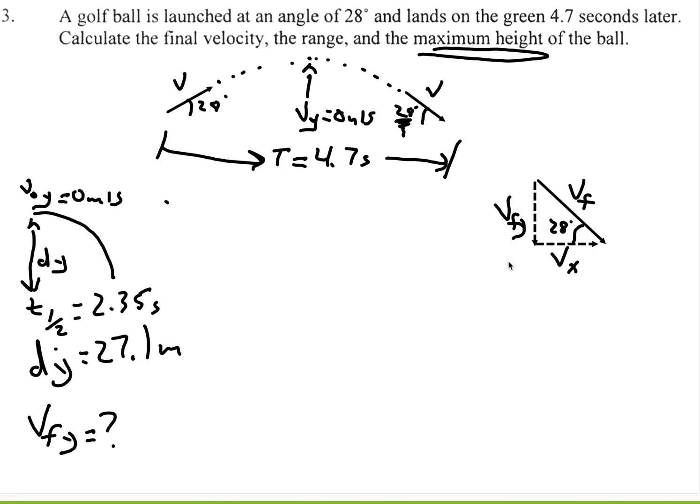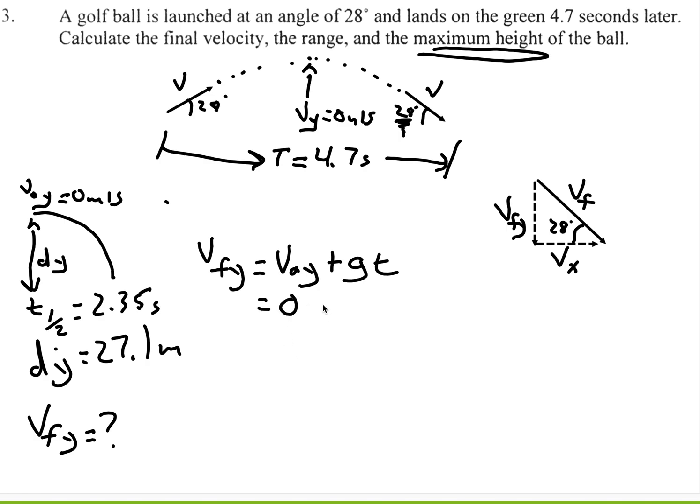So because you know your trig functions, you know that if I know one angle and one side, I could figure out the other sides. So Vfy, that's the easiest side to find. And it's the easiest side to find because I don't even have to do algebra. We have an equation that says Vfy is the original velocity in the y direction plus gravity times time.